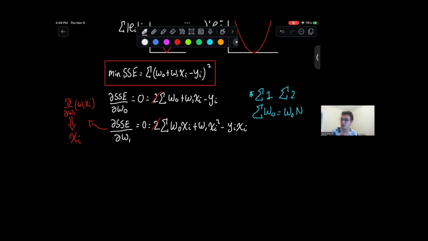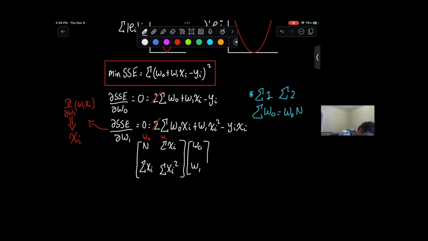So what do we do? We have 2 equations, 2 unknowns, and a bunch of knowns. Let's throw it into a matrix. MATLAB can solve those pretty easily. So we get n and sum x_i in the first row, and sum x_i and sum x_i squared in the second, multiplied by W0, W1.